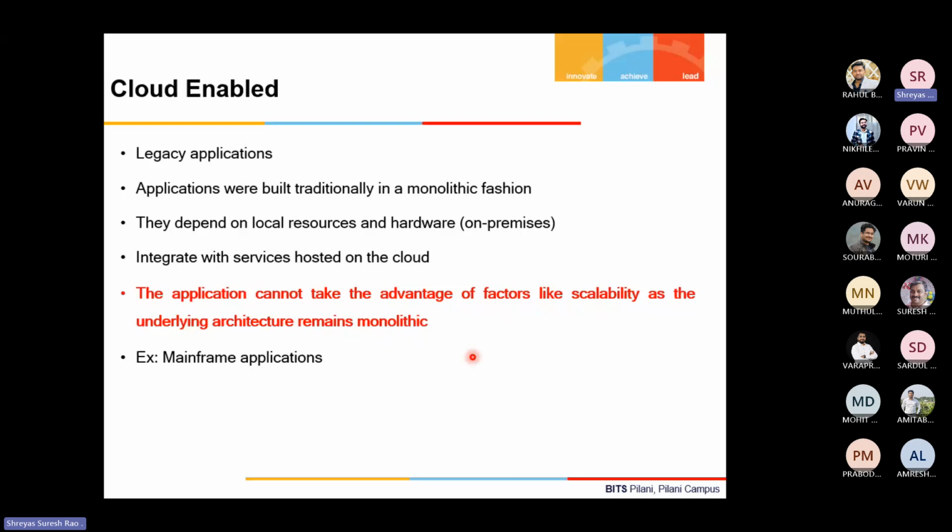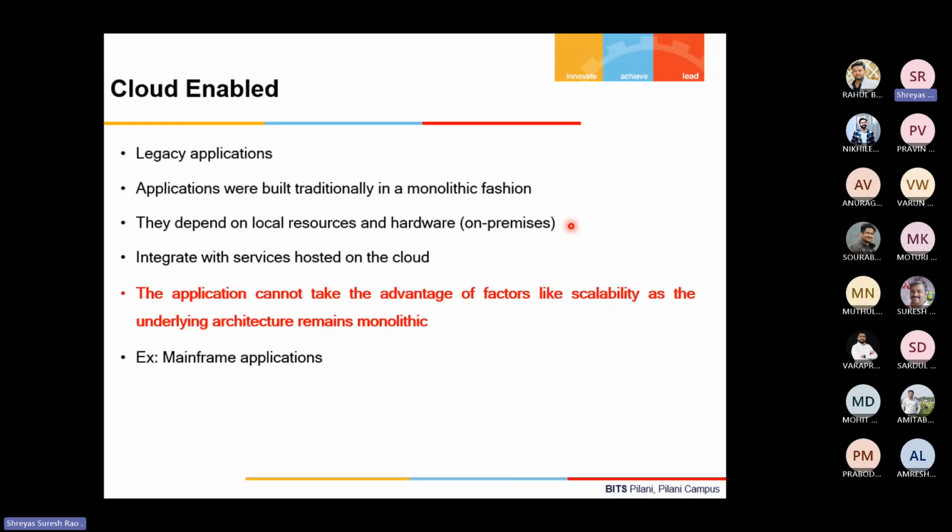The first term is cloud enabled application. These are your typical legacy applications. Some of you may be working on mainframe applications. These were built maybe a few decades back, and traditionally they were built in monolithic fashion. So everything is like one block of code, and they were deployed on-prem.